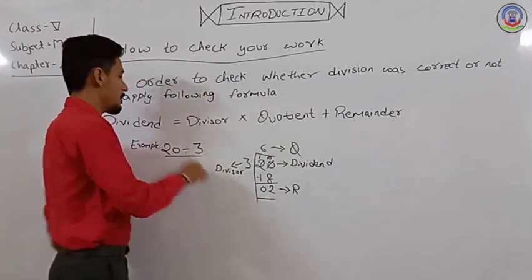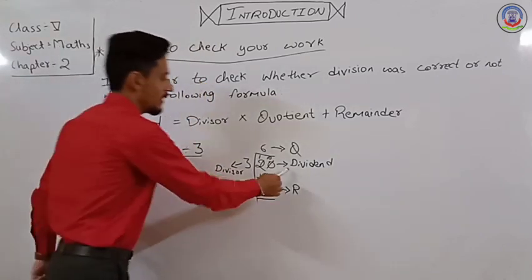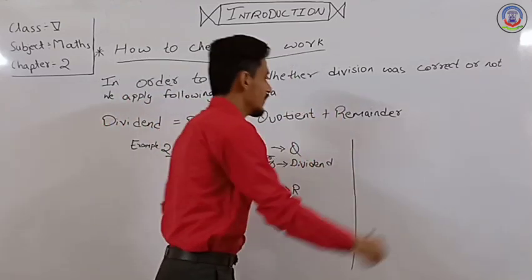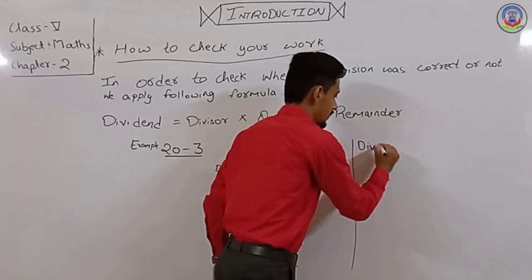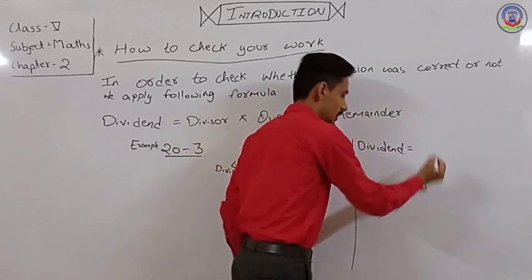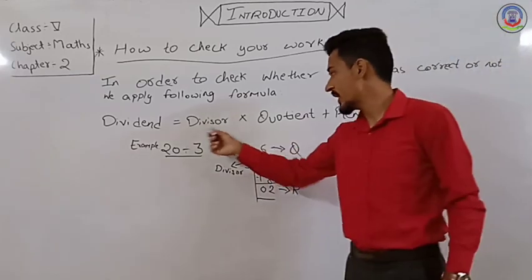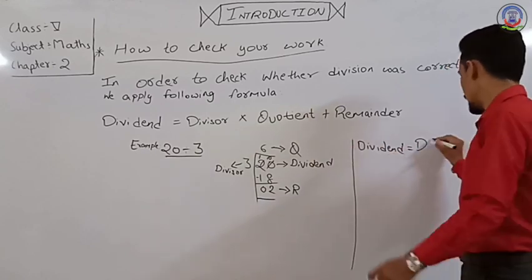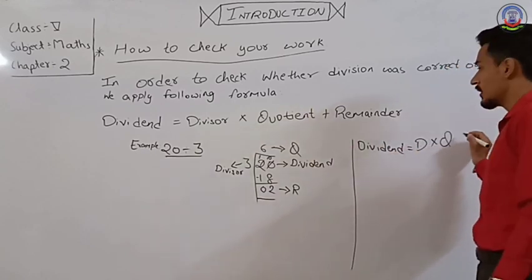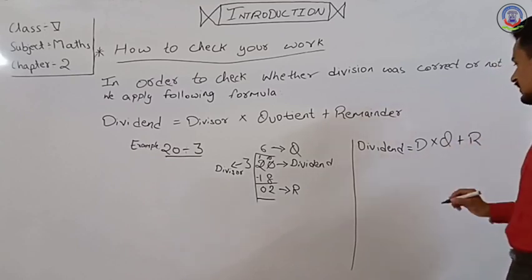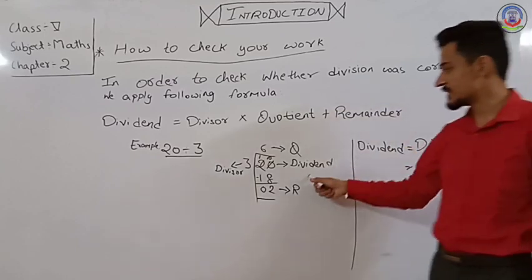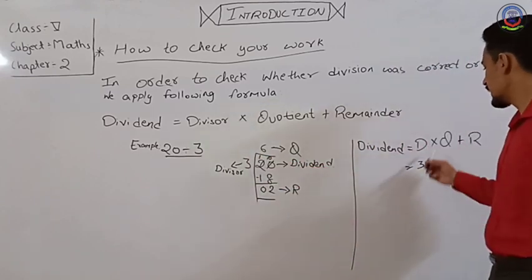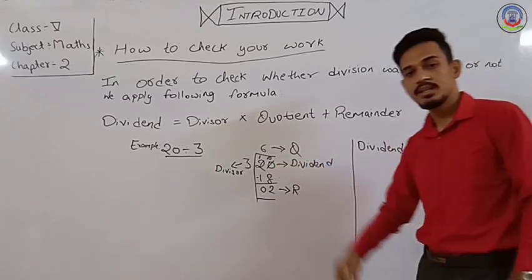Now, when we apply this formula, we have to find the dividend. Dividend equals, what is the formula? Divisor multiply quotient plus remainder. Here the divisor is 3, so we write 3. Then we multiply by the quotient, which is 6.